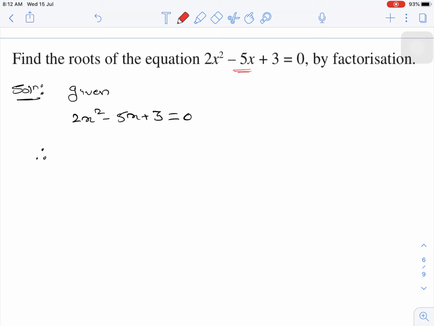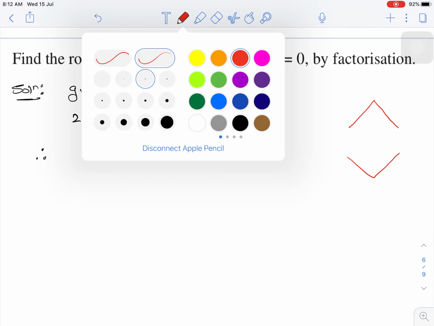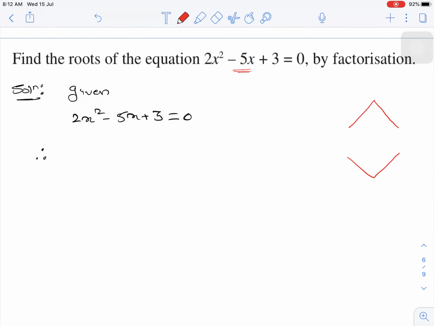Now we have to find two numbers. So in this way we will split it. The middle number, the coefficient of x, that is minus 5, we will write here, and here we will write the multiplication of the coefficient of x square and the constant term. So plus 2 into plus 3 is plus 6.